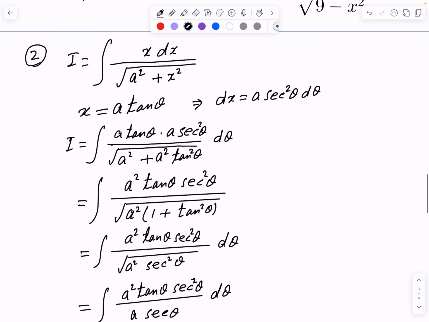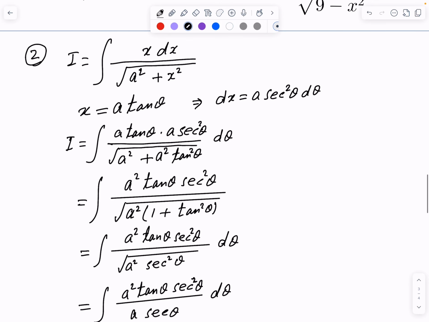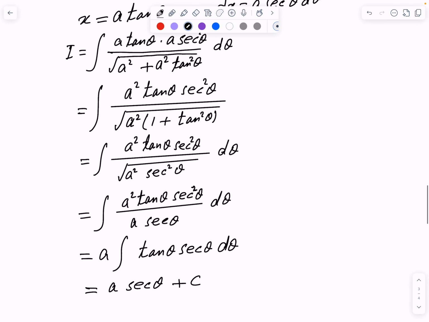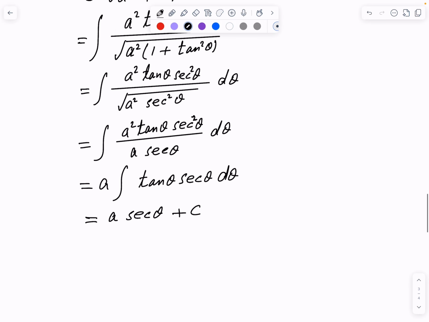And we had x equal to a tan theta, which means x divided by a equals tan theta.